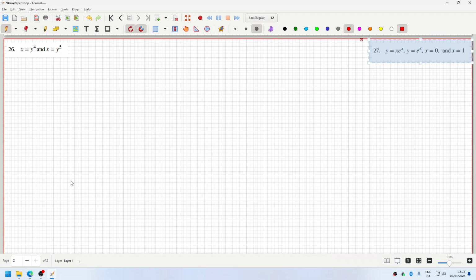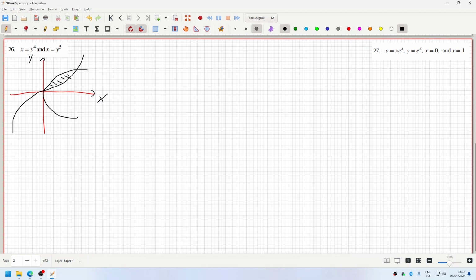it's actually too bad the graph. If you were to graph that, that's x, that's y. So x equals y power 4 would be this graph. And then this one here, kind of cubic shape. It's a bit hard for me to draw. I think it would look like that.